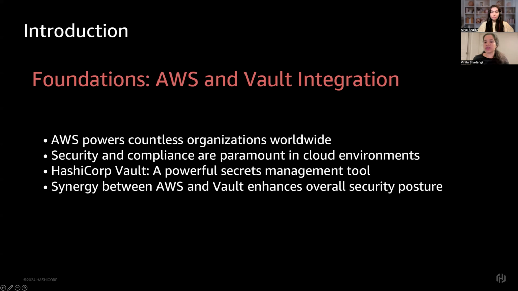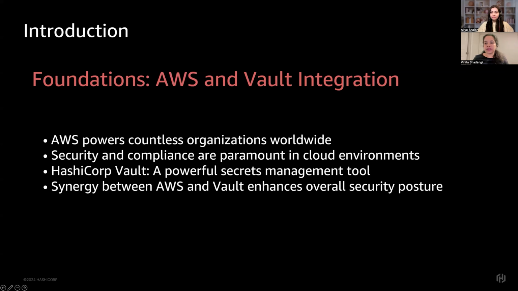Vault acts as a centralized platform for managing AWS secrets, enabling seamless authentication, temporary credential generation, and comprehensive audit logging. Key features include dynamic IAM credential generation, role-based access control, automated credential rotation, and secure cross-account access management. This integration supports multiple authentication methods, including IAM roles, instance metadata verification, and Kubernetes-based authentication, making it a flexible solution for complex cloud environments.